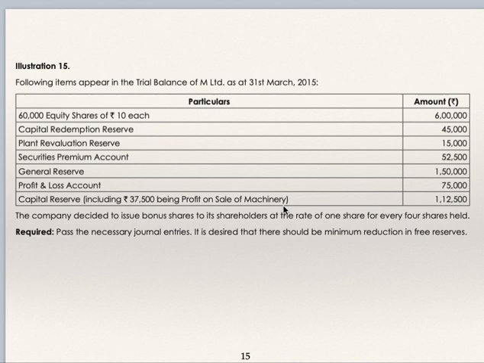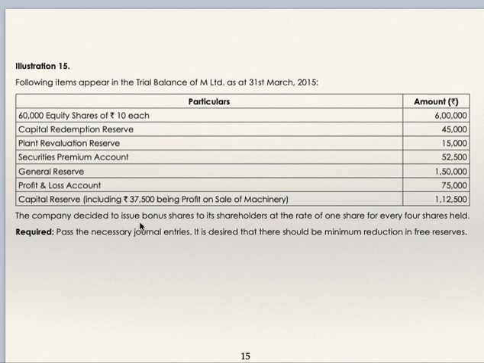So capital reserve is to be utilized for bonus if and only if it is received in cash. So out of 1,12,500, only 37,500 can be used because it is received in cash. It is nothing but profit on sale of machinery.